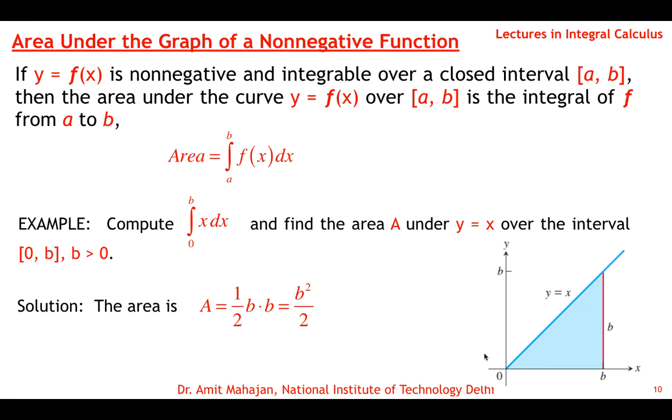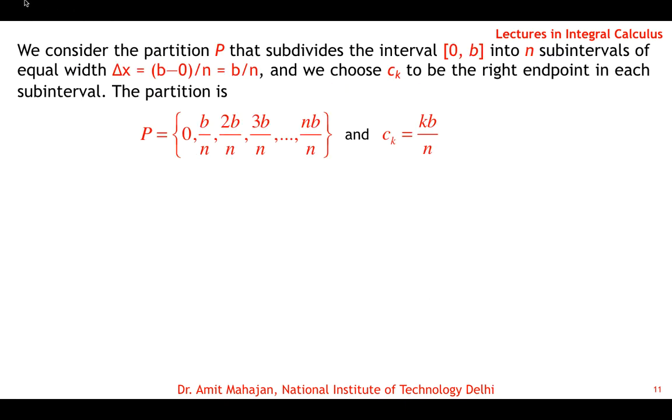So let us choose the partition of equal width, and let us choose the ck points. We consider the partition P that divides the interval 0 to b into subintervals of equal width delta x, which is (b minus a) by n, and in this case a is 0, so each subinterval has width b by n.